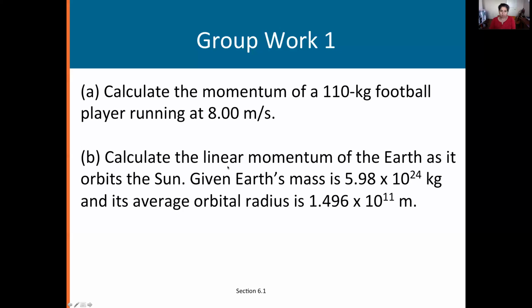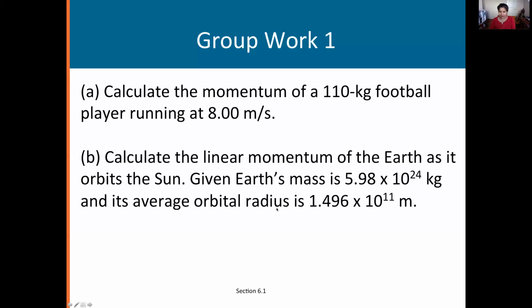So calculate the linear momentum of the Earth as it orbits the Sun. Given the Earth's mass is this and its average orbital radius is this. So we do know the mass, meaning mass times velocity. We do not know the velocity. So you might need to work out the velocity from what is given to you, right?